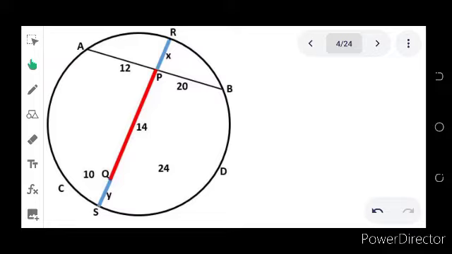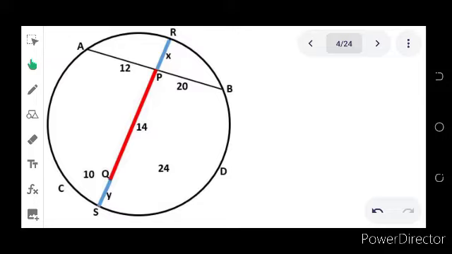When we disregard chord CD, notice that chord RS is now divided into two segments: PR and PS. PS has a measure of 14 plus Y, while PR has a measure of X. Now, the intersecting chords theorem tells us that the product of the segments of a chord is equal to the product of the segments of the other chord that intersects it.